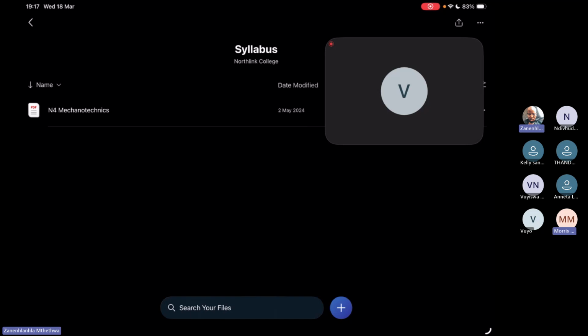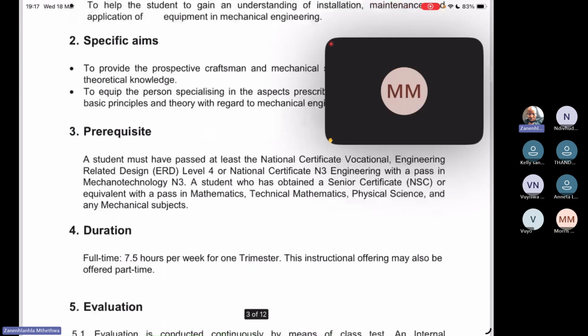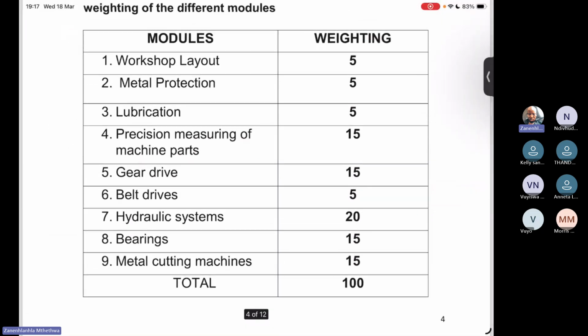It's still on the first group. So make sure you go back to the syllabus. This is the syllabus. Here's the mark allocation. It is exactly like this, and if you look at the past papers I've given you, it is exactly like this.